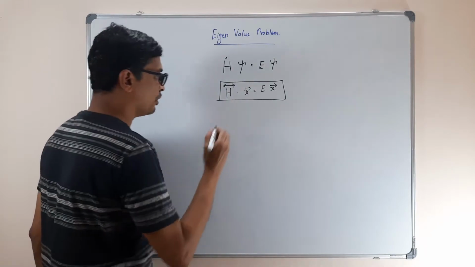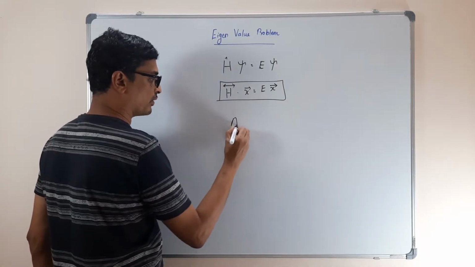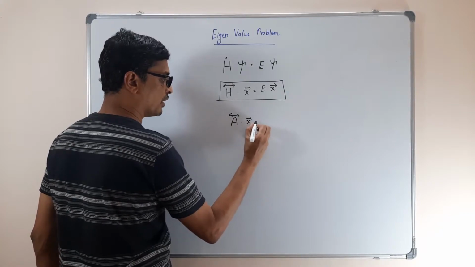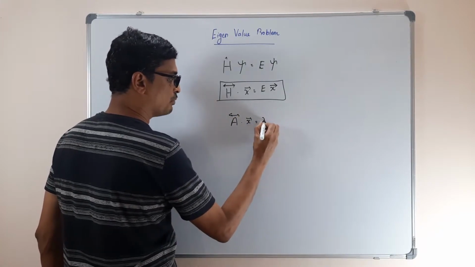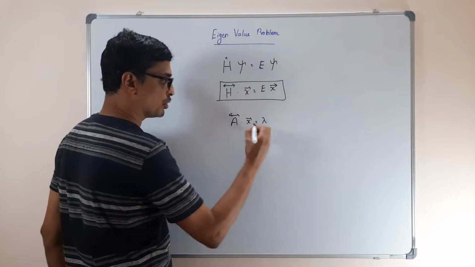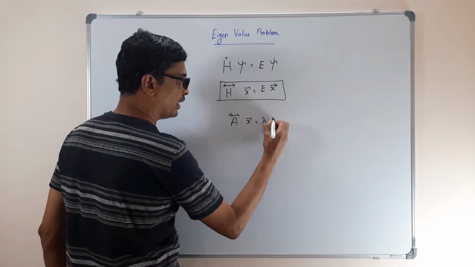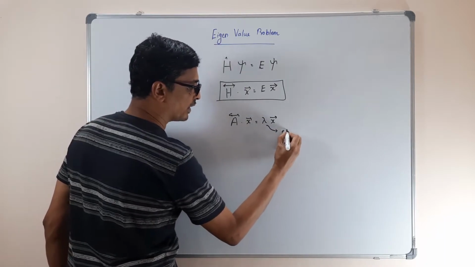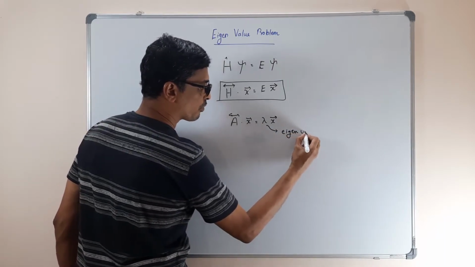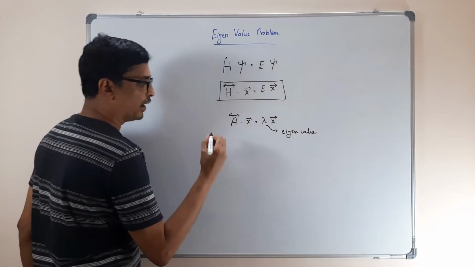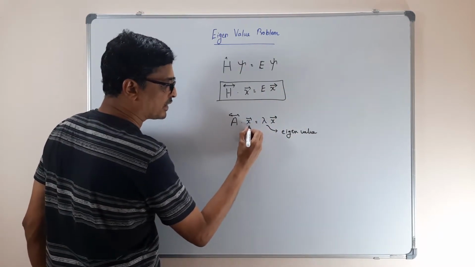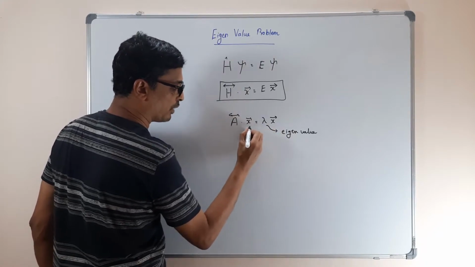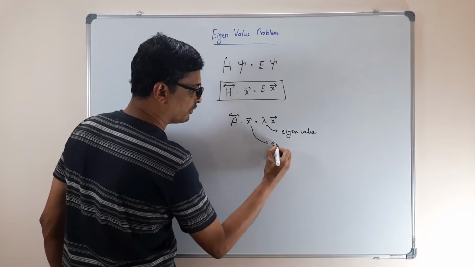In an eigenvalue problem, in general, we have a matrix A, and when I multiply the matrix A with a vector X, we get some constant lambda times the X vector. This lambda is called your eigenvalue, and the vector X, which when operated on by A gives you the eigenvalue lambda, is called your eigenvector.